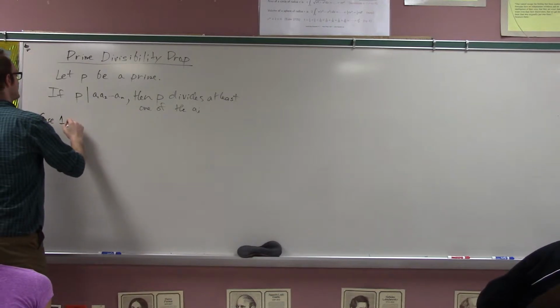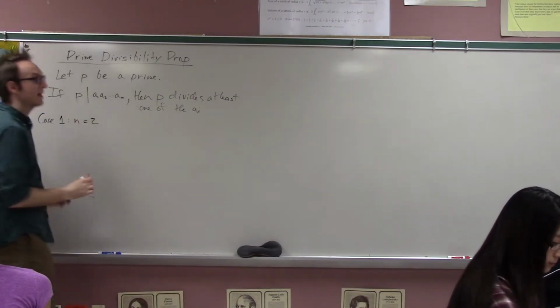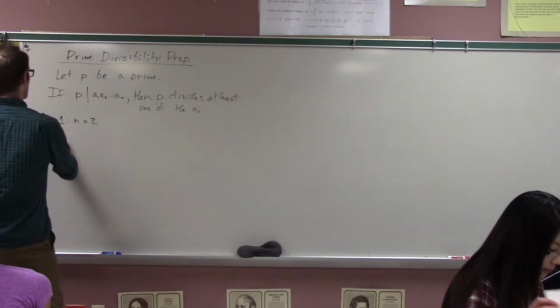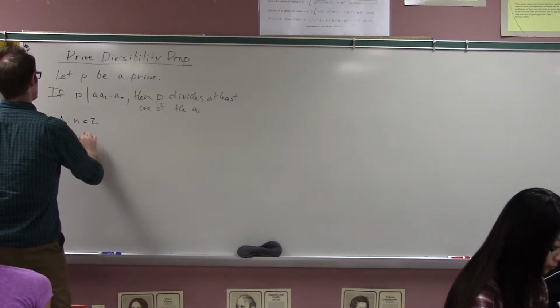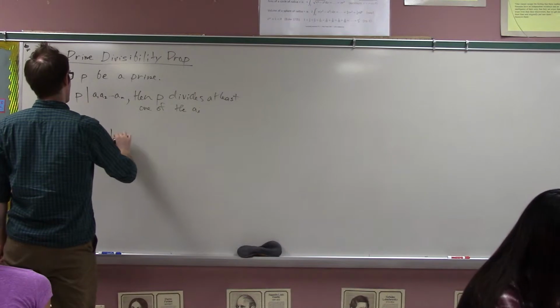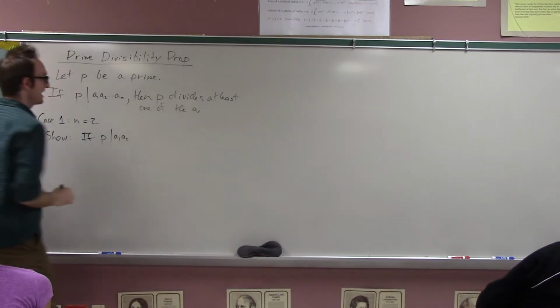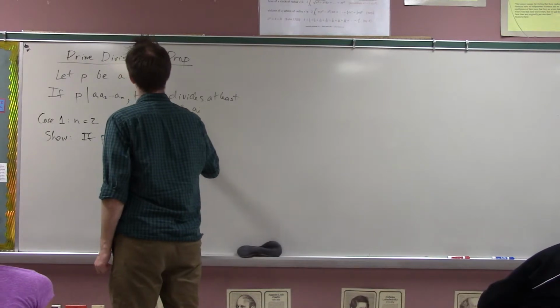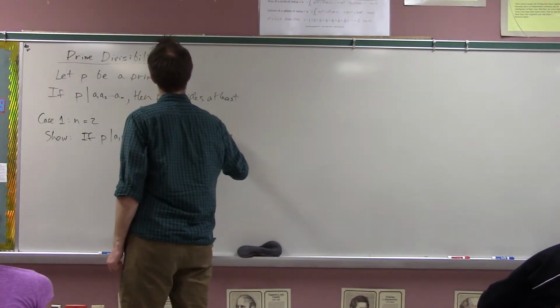Okay, so case one. Case one is n equals 2. In other words, p divides just two numbers. So what I now need to show is if p divides a1 times a2, then p divides a1 or p divides a2.